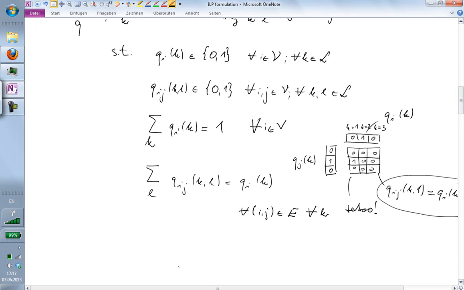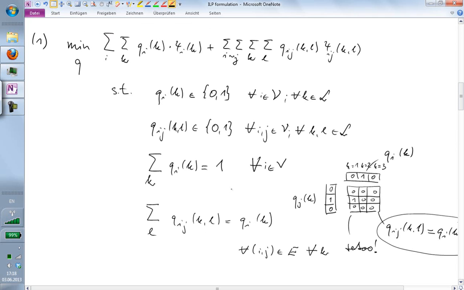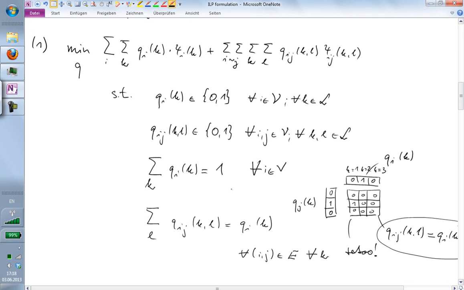And by the way, I think that means I don't need to write down this constraint explicitly. I could also just say that all elements of this table must be larger than 0. That should also be enough. So you can formulate the same problem in a valid way in many different ways.